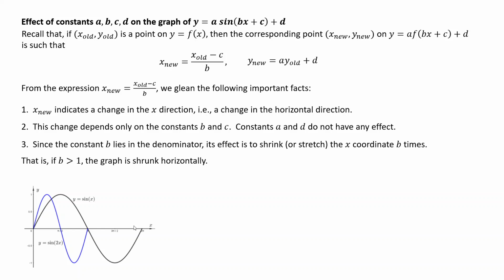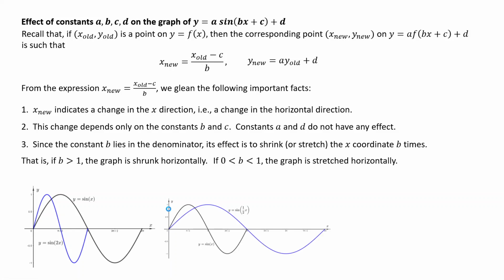Okay, on the other hand, if 0 less than b less than 1, that is b lies between 0 and 1, this is a fancy way of mathematicians saying a positive fraction between 0 and 1. Cool? And what happens in that case? Well, originally I had this green graph of y equals sine x, and then I plotted y equals sine of 1/2 x.